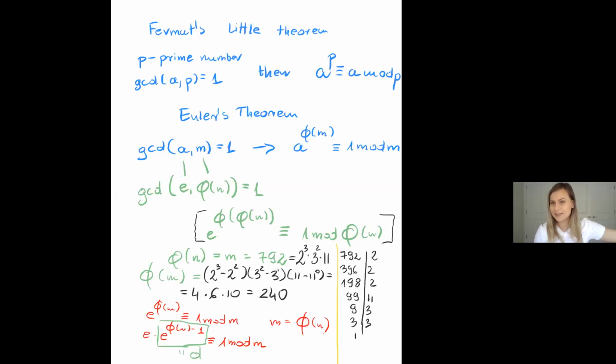So you can forget this part of the video, and for your application, you can just write this formula. Let me clear this. Let's use a new whiteboard. So the formula for your d is e to the power phi of m minus 1 modulo m, where m is phi of n.